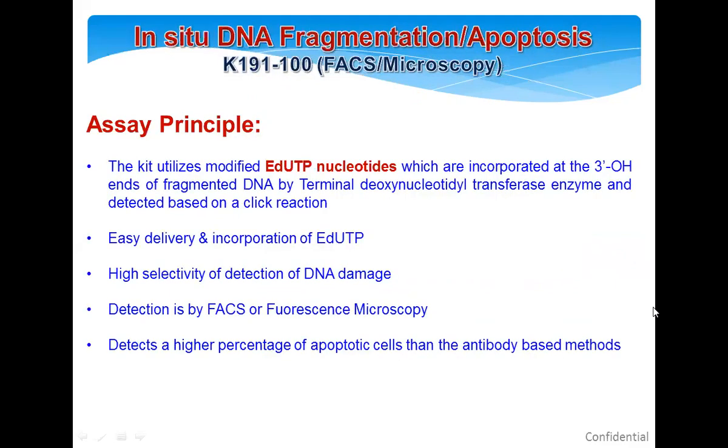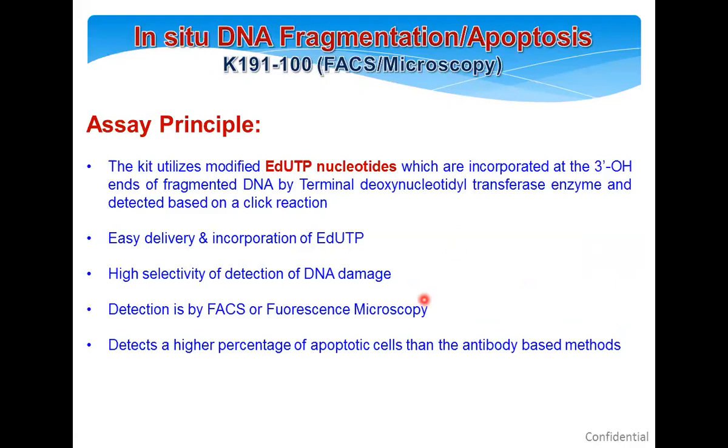Another very popular kit is for studying apoptosis, programmed cell death, or in situ DNA fragmentation using click chemistry. This is the kit number, K191. You can study the cells via FACS or microscopy.